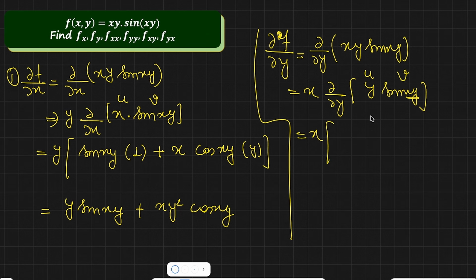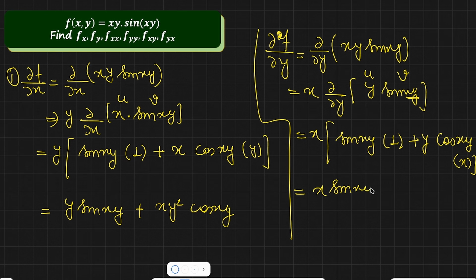So it will be x: first sine xy as it is, the partial derivative of y with respect to y is 1, plus y as it is times cos of xy. Now x is constant, then multiply x, so it is x sine xy plus x square y cos of xy. This is the partial derivative with respect to y.